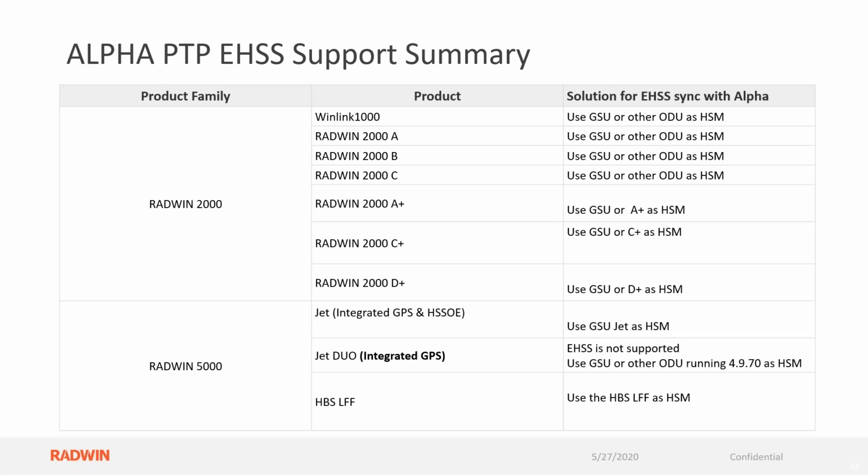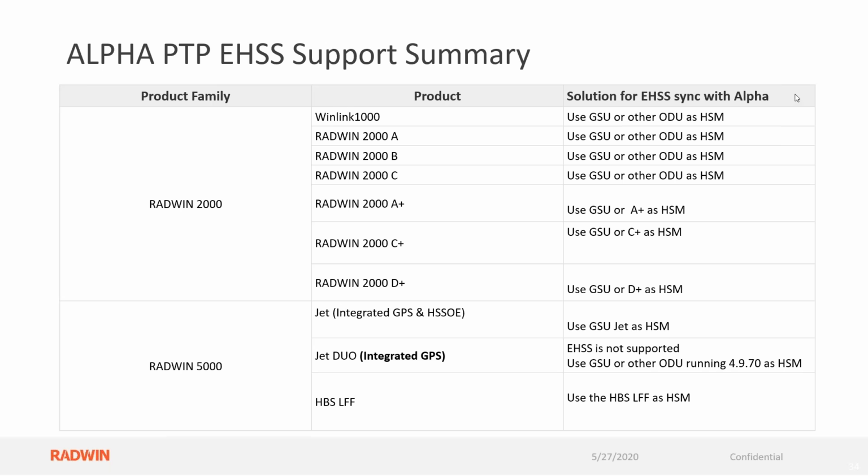The next slide shows you how to implement full synchronization and how to consider synchronization when we have an Alpha point-to-point deployment on a tower, and it gives you the different combinations with which you can achieve full intra-synchronization when you deploy Alpha.